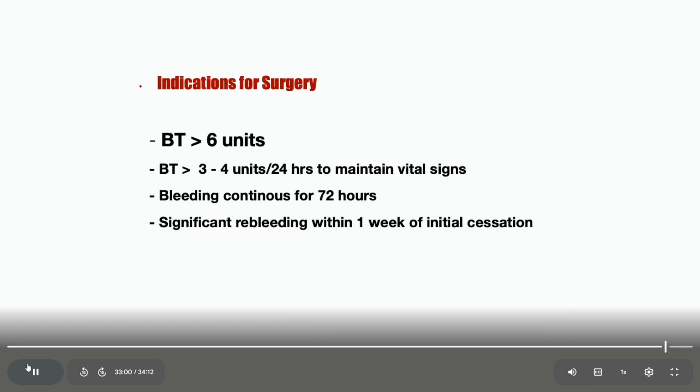Though a majority of lower gastrointestinal bleeding, at 85%, stops spontaneously, a few patients may end up non-responding to the medical management. Thus, treatment may resort to surgery.